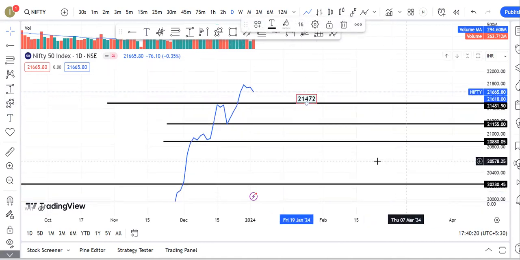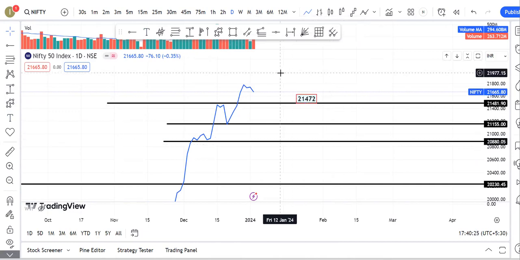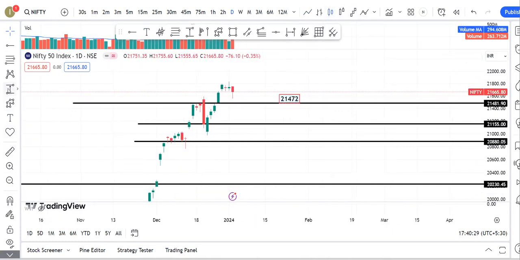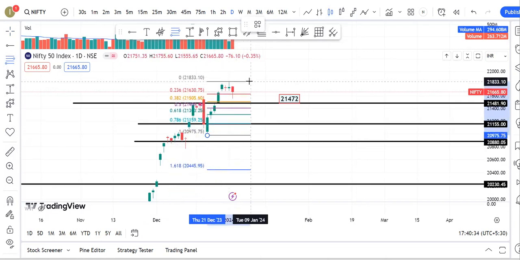This is the way. And one more way of finding out the level is using, let me enable the candlestick pattern. Let me take the fib tool and measure the swing.